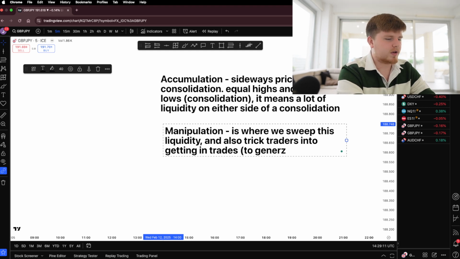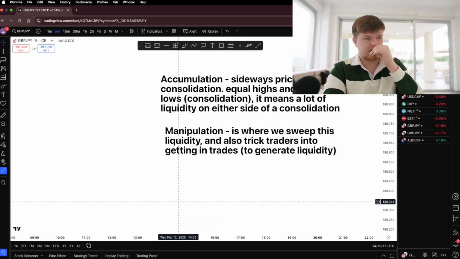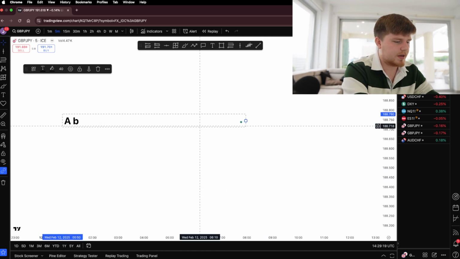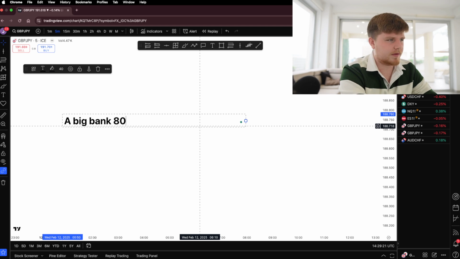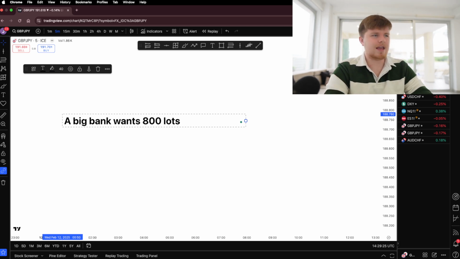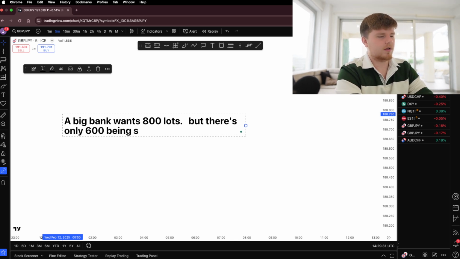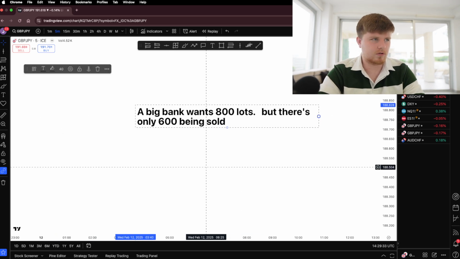So you know exactly how Forex works, how liquidity works. There's a big bank who wants to buy 800 lots here, but there's only 600 being sold, which means there's a deficit there of 200 lots.